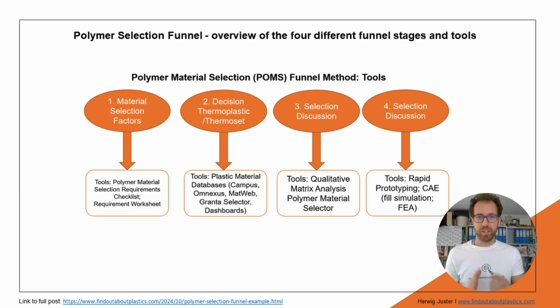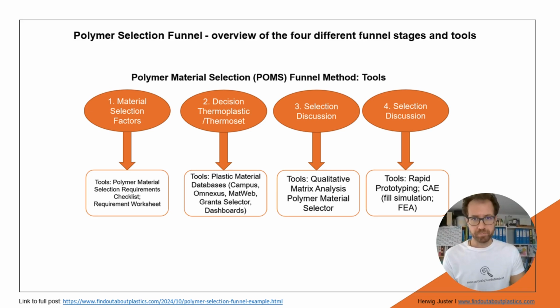Important is also that for each funnel step, certain tools can be used which support you in your decision making. For example, in the first funnel step, material selection factors, we can work with material and application requirement checklists and also the requirement worksheet. I will show you then. In the second funnel step, decision thermoplastic or thermoset, we have plastic material databases such as Campus, Omnexus, MedWeb, Granta Selector, and also dashboards.